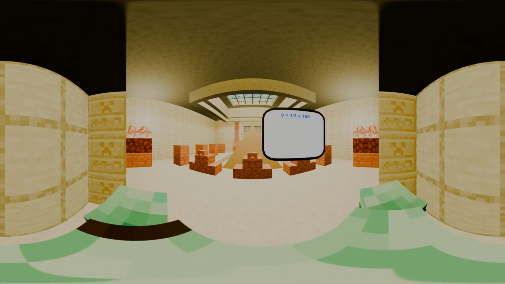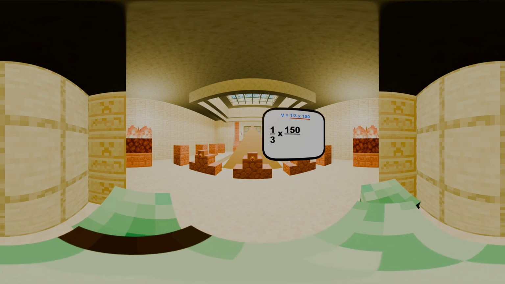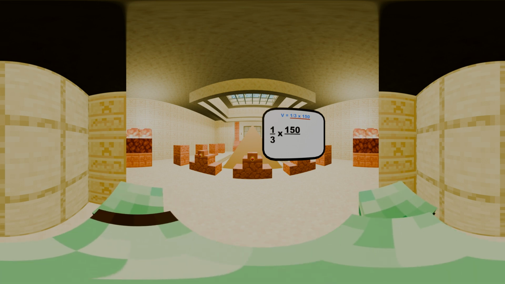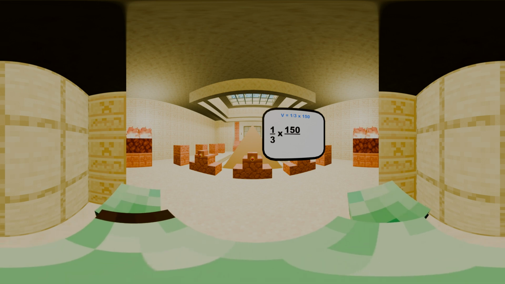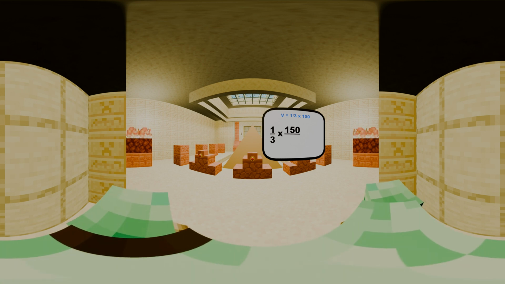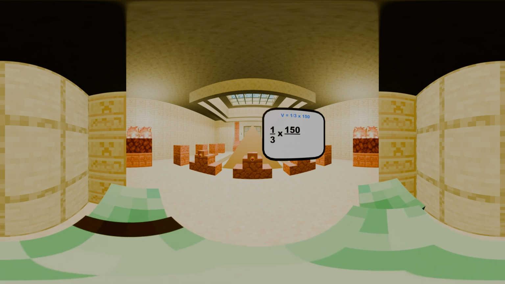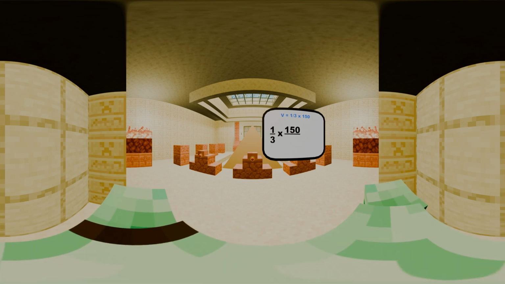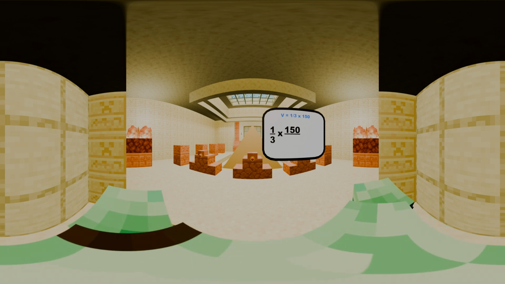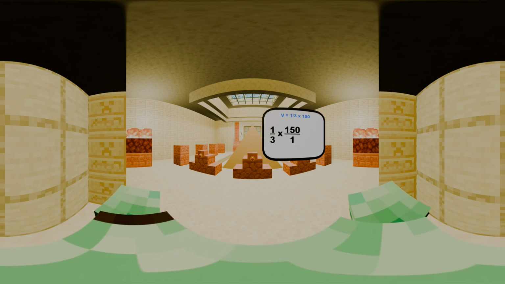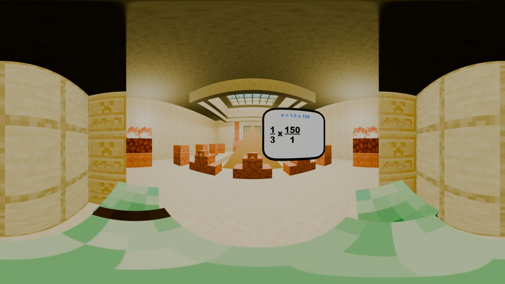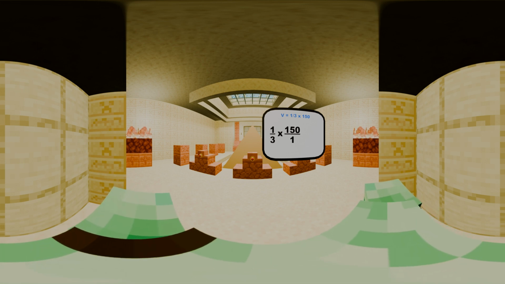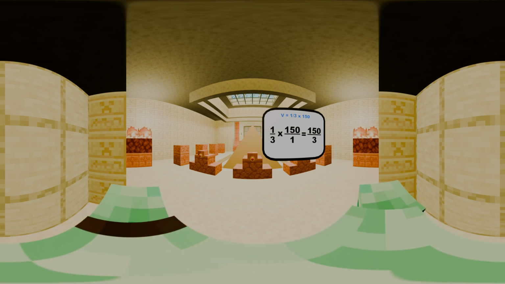Lastly, I need to multiply 1/3 and 150. The ghost mentioned that every number has a denominator of 1, so I can multiply 150 to 1/3 and it becomes 1/3 times 150 over 1. Multiply numerator to numerator and denominator to denominator, it becomes 150 over 3.